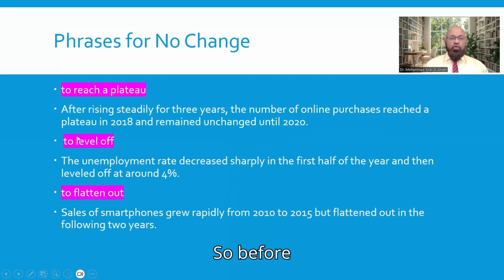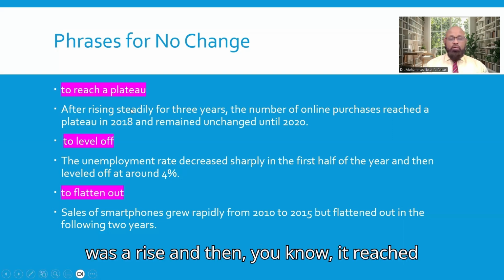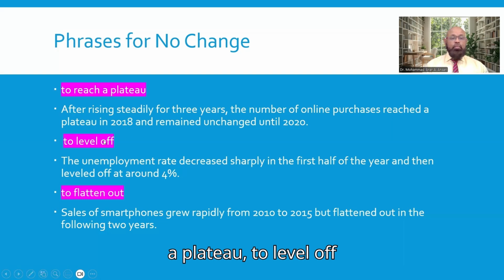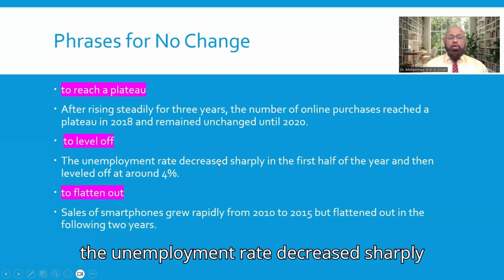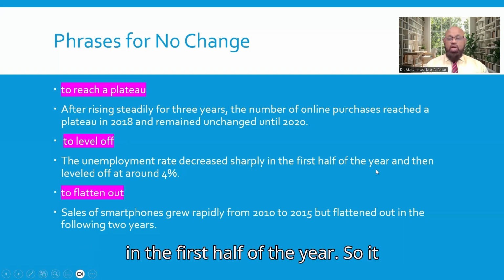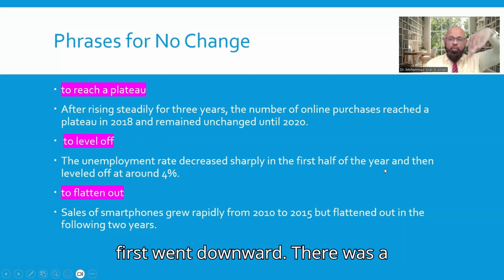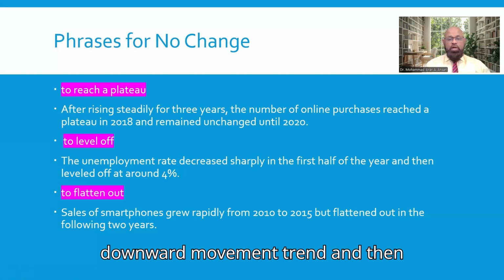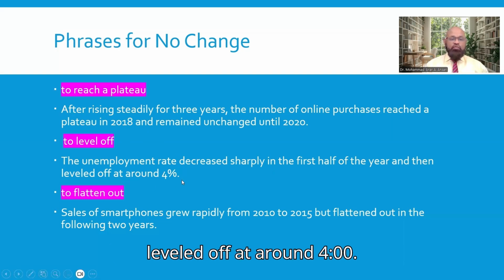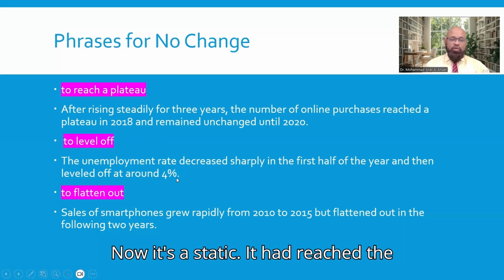So before 2018, there was a rise, and then it reached a plateau. To level off: the unemployment rate decreased sharply in the first half of the year. So it first went downward. There was a downward movement trend, and then leveled off at around 4. Now it's static.